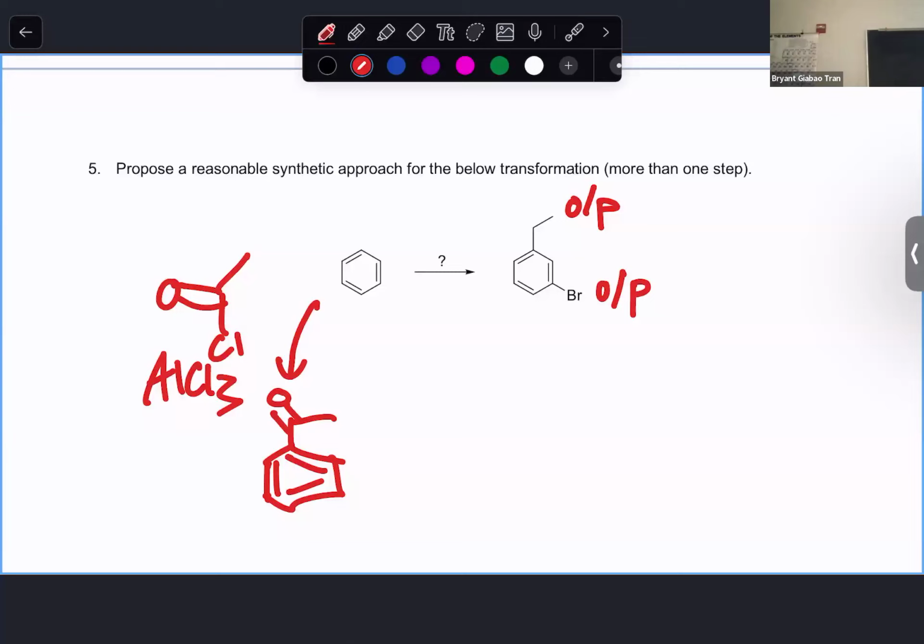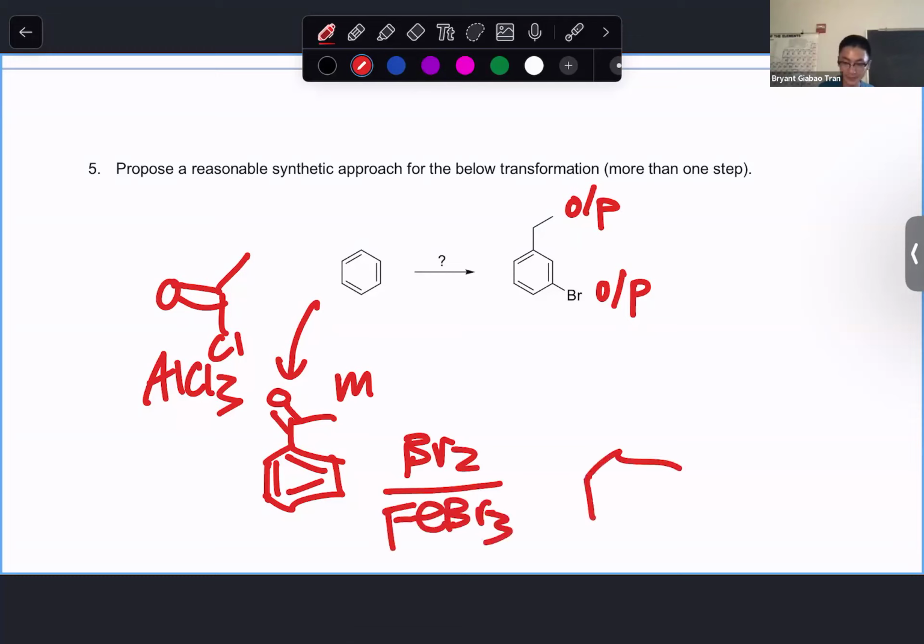Now, this is not an ortho para director anymore. This is a meta director. From that meta director, what's the next step? Yeah, we could brominate it using Br2, FeBr3, which will add bromine meta to that group, EWG. Now, there's one last step here.